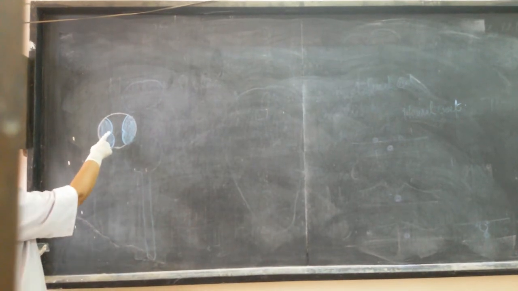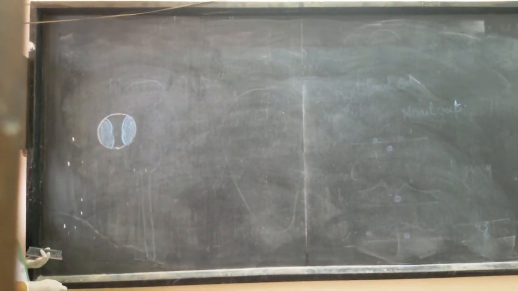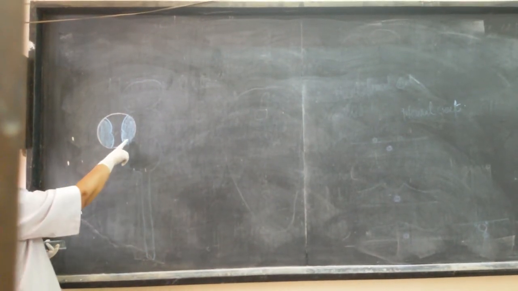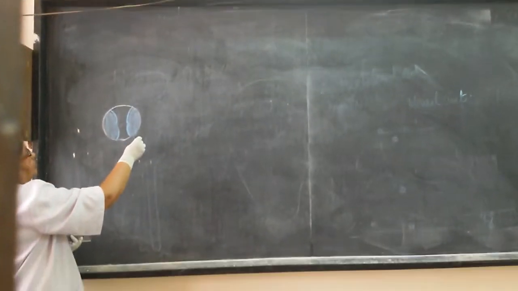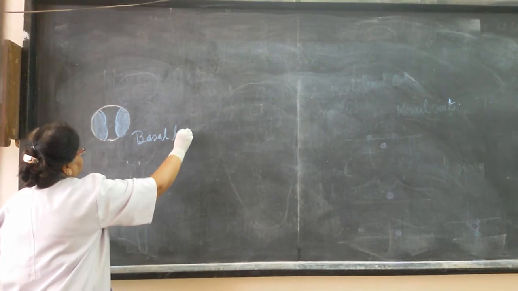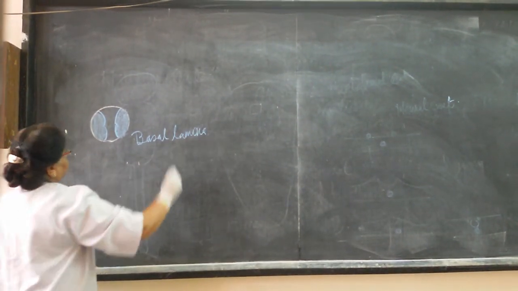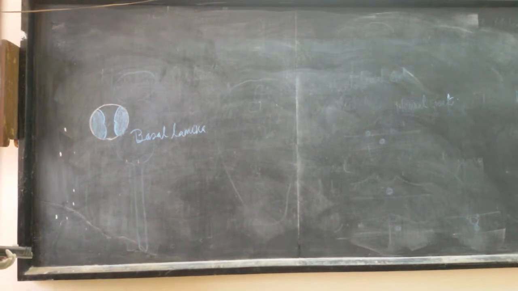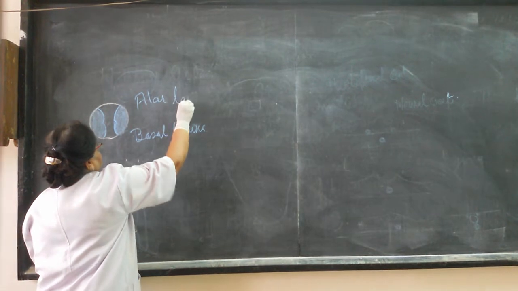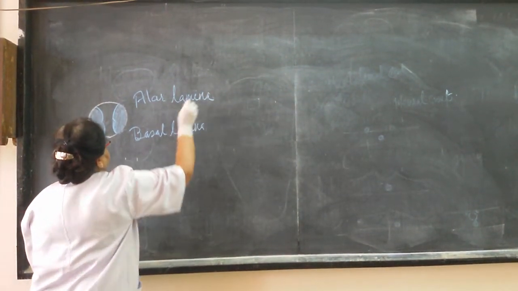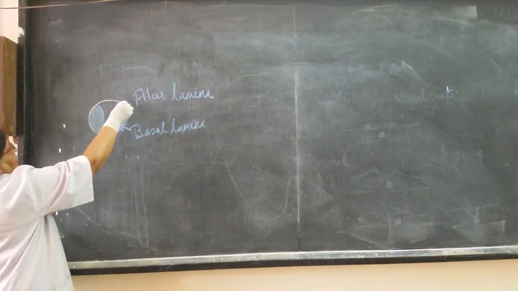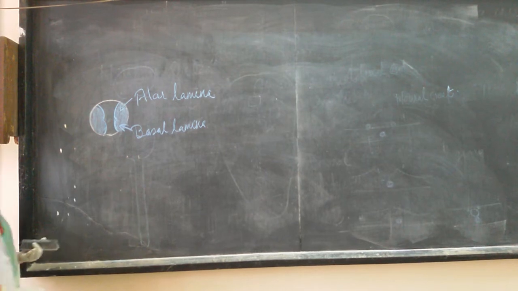This divides the lateral mass into two parts. The part lying ventrally is known as basal lamina, and the part lying dorsally is known as alar lamina.